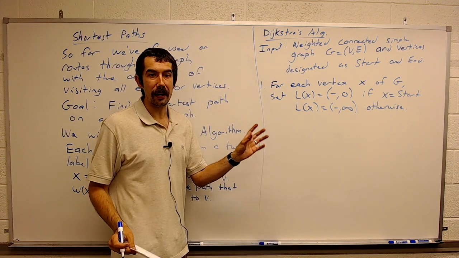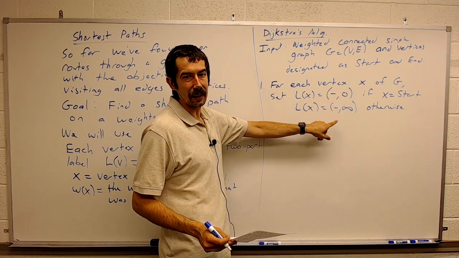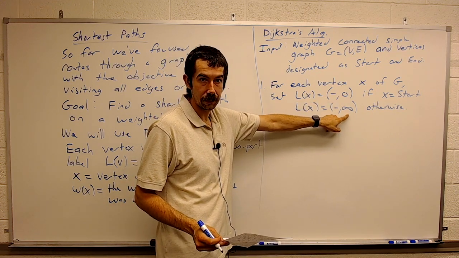Okay, so our first step is to label each of the vertices: the start gets dash 0. Everything else is going to be dash infinity.